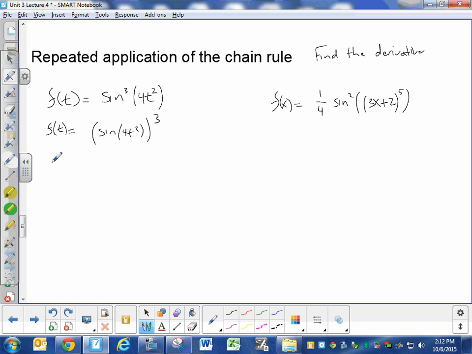Now here's what we would have to do. Work outside to inside. The outermost piece is the stuff being cubed. The parentheses cubed. The next piece is the sine of stuff.